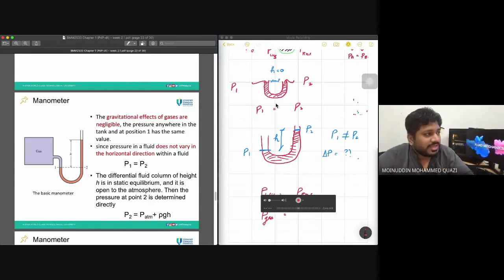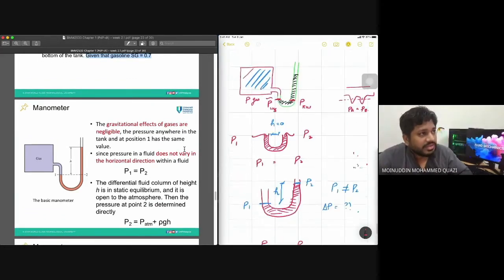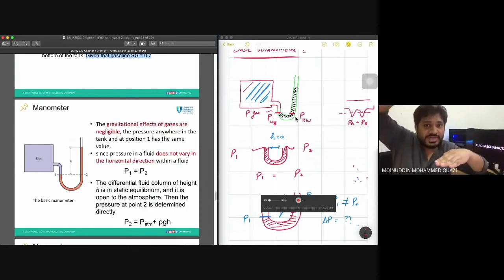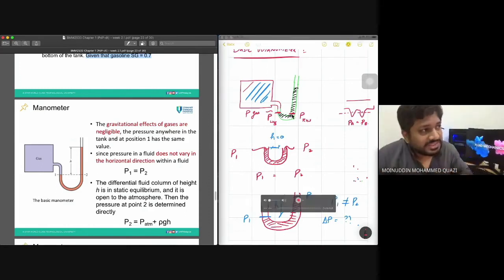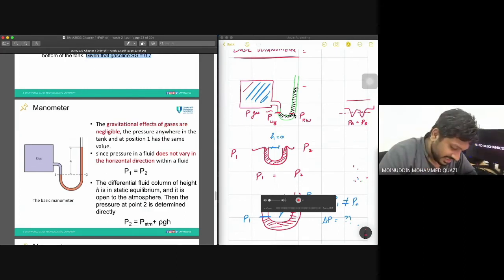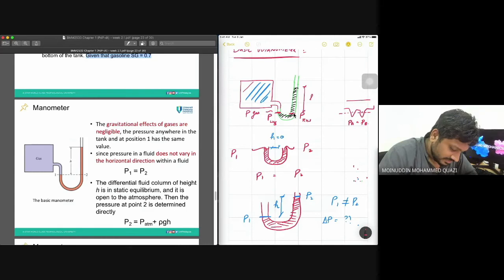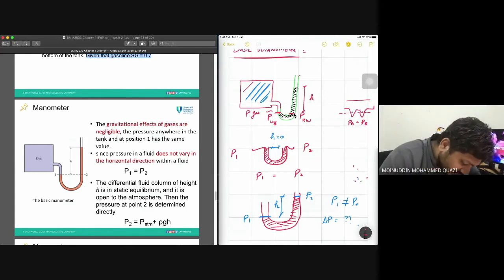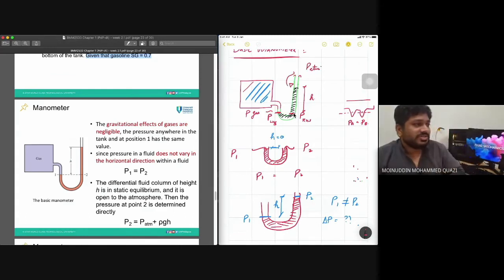What about the right hand side? On this right hand side, we have the fluid pressure acting above. This fluid pressure is acting on this place, and this fluid column has a height H. Then this is also open to atmosphere, so we have atmospheric pressure also acting because it is an open tube.